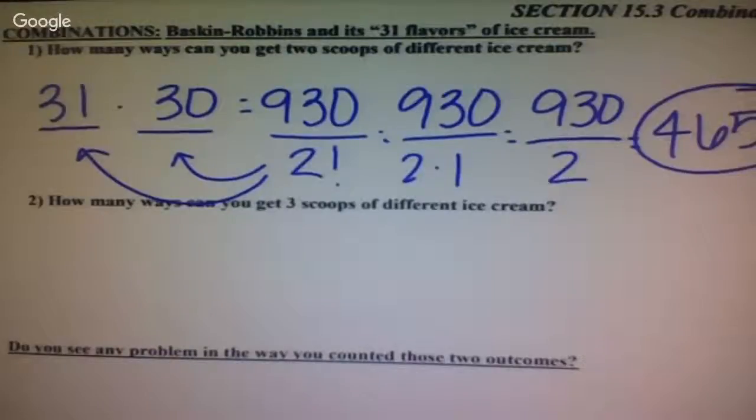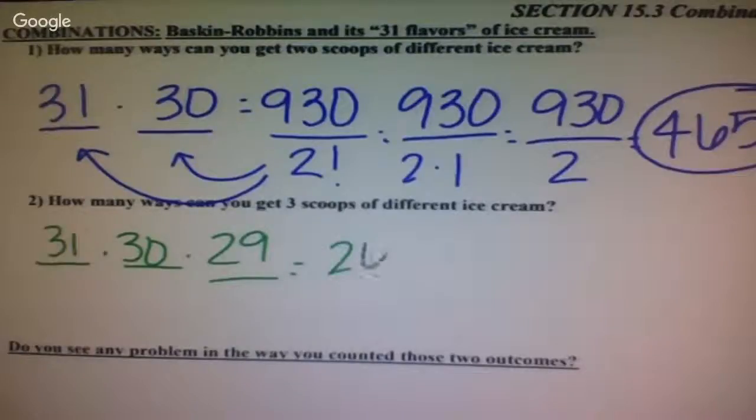What's the point of doing that? The change here: how many ways can you get 3 scoops of ice cream? As a permutation, it would look like 31 P 3, which is 31 times 30 times 29, and that comes out to 26,970.